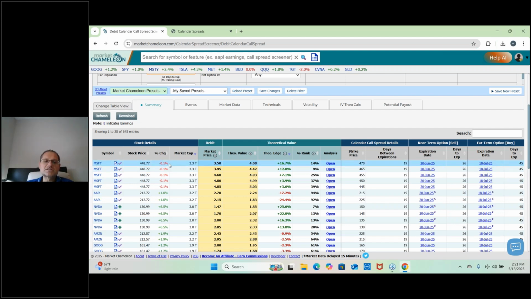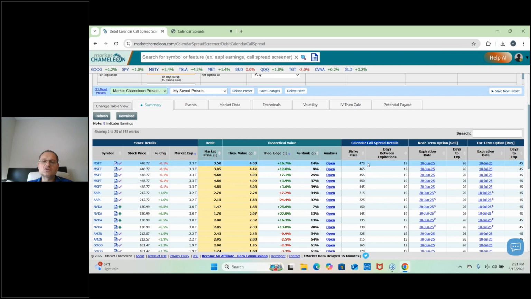and that's because we could structure different types of calendar spreads with different strikes. This is the stock price, today's change, and market cap. And here we see the market price. So if you buy this calendar spread on the markets, it's $3.50. This is the calendar spread we're looking at.